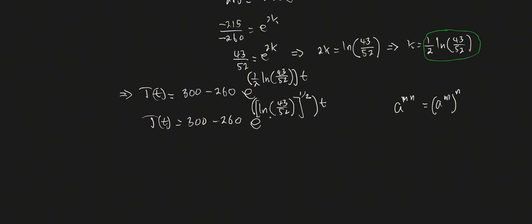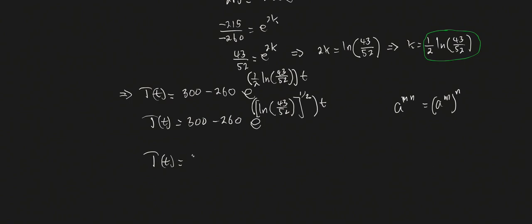So basically what I can do is multiply the 1/2 and the t. Yeah, so we can write it like this.